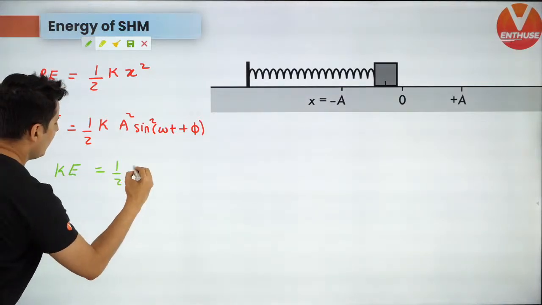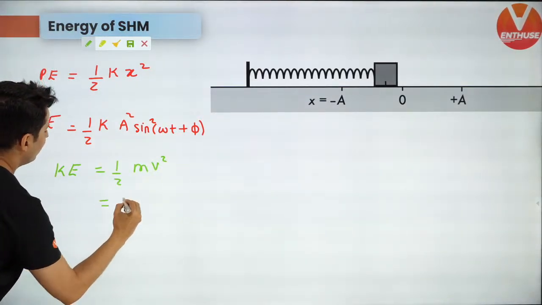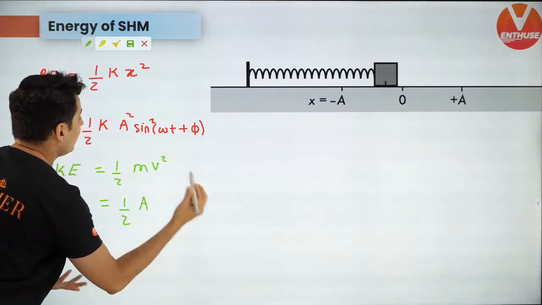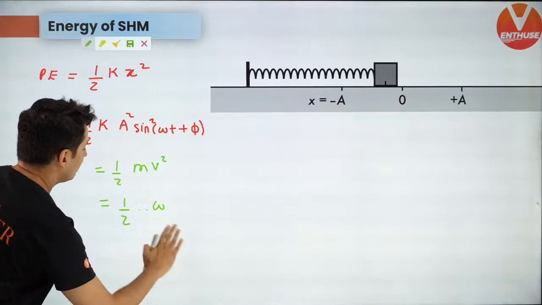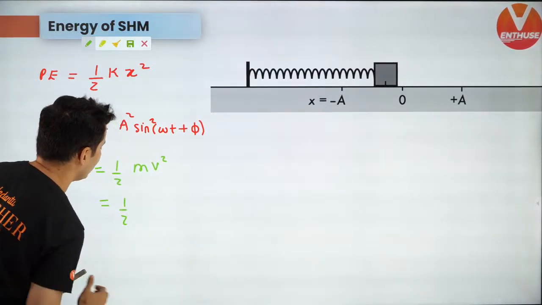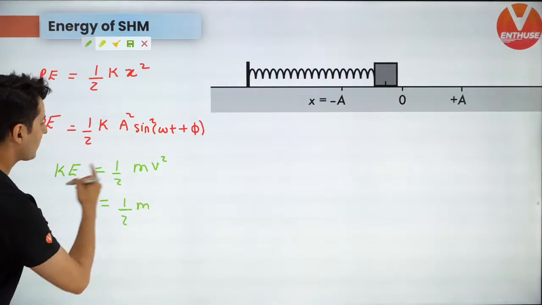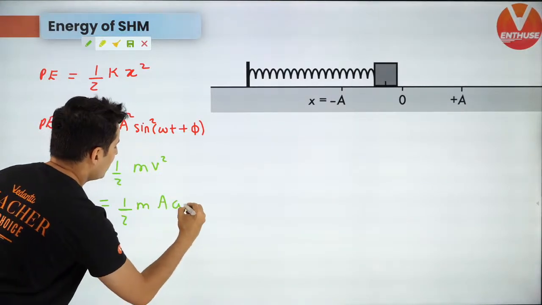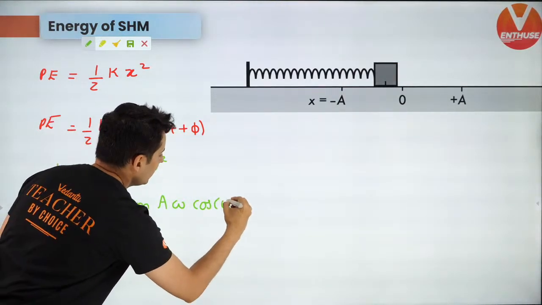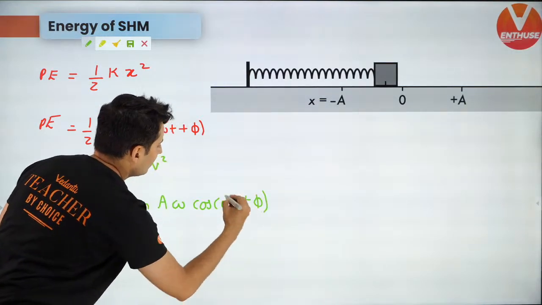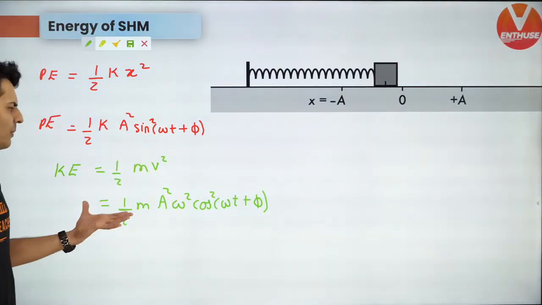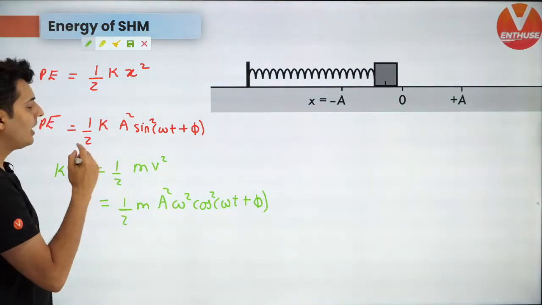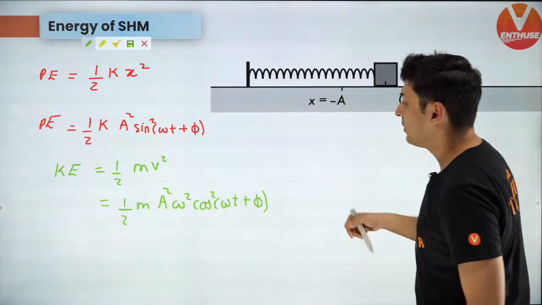Next, kinetic energy. Kinetic energy will be half mv square. Now what is the velocity? We have already seen it is a omega cos(omega t plus phi), but I have to square it because there is a square out here. So it is half m times a omega cos(omega t plus phi), all squared. That is kinetic energy, but I can use a small modification here.